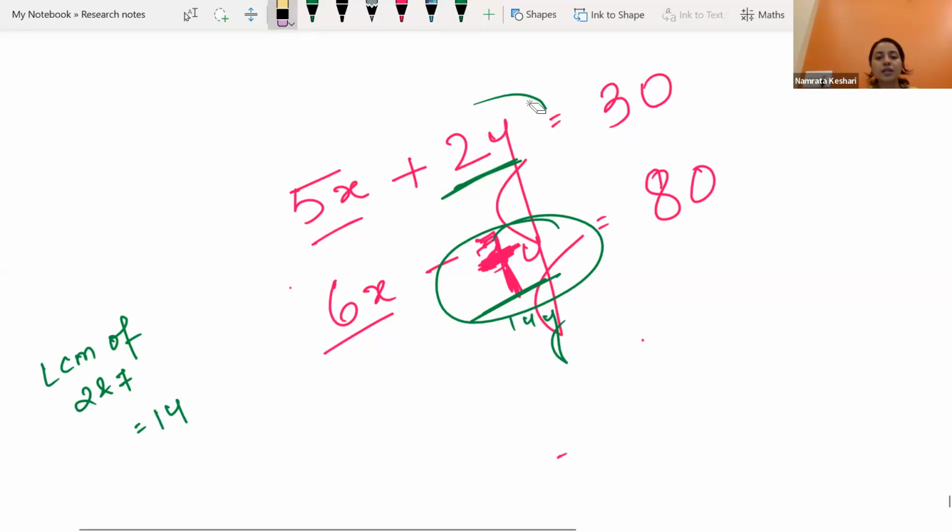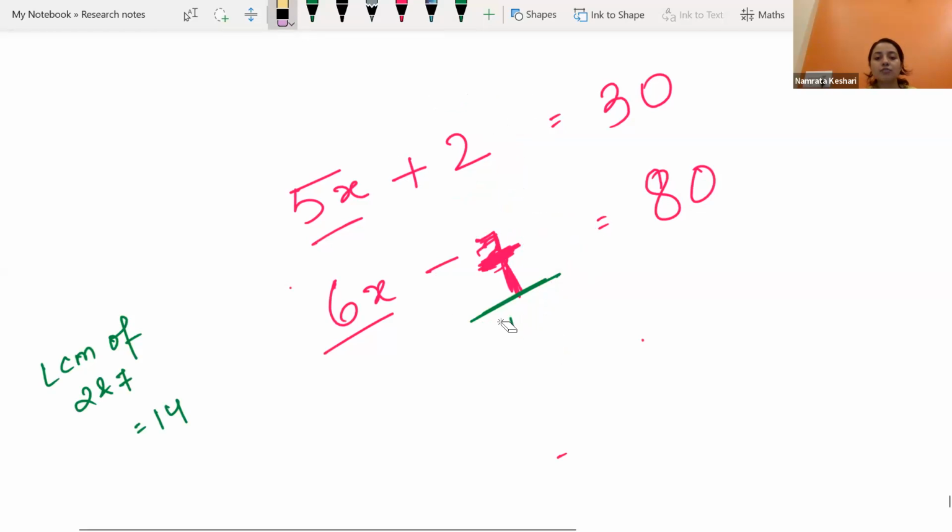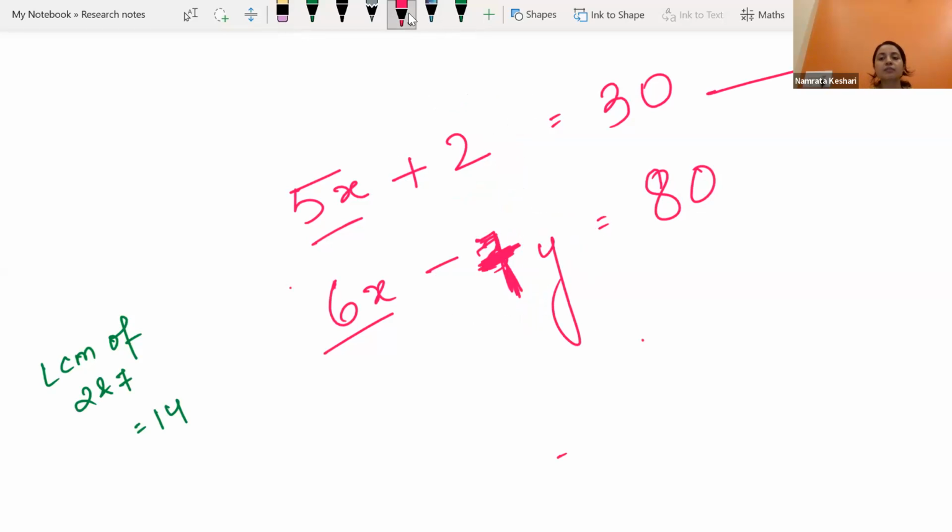So let's try making it. To make the first one 14y, what can be done? In equation number 1, we can multiply by 7. Think about it: in this 2y, when you multiply by 7, only then it will be 14y.